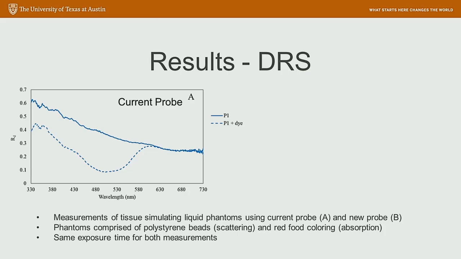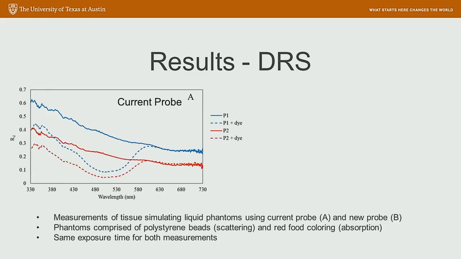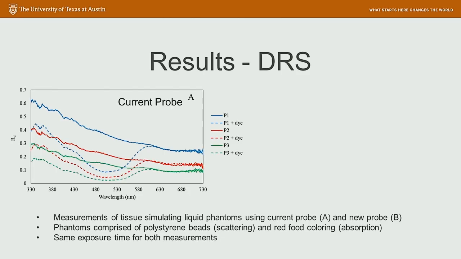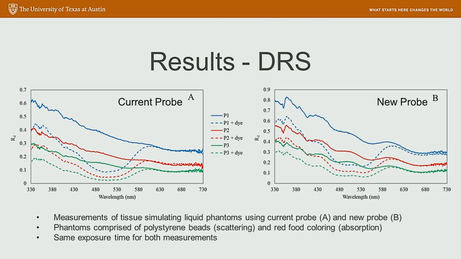So you can see that the diffuse reflectance decreases in the wavelength range that's consistent with the absorption spectrum of the absorber. So we did this in 3 sets of phantoms, each one with progressively lowered scattering coefficients. So you can see that this is kind of what this data looks like. And so we did this also in both probes. You can see that these spectra are pretty consistent between both probes, looking at both with the new components in our system.